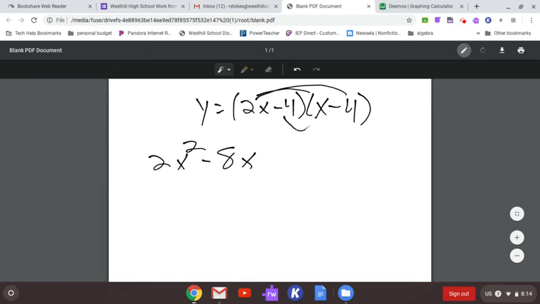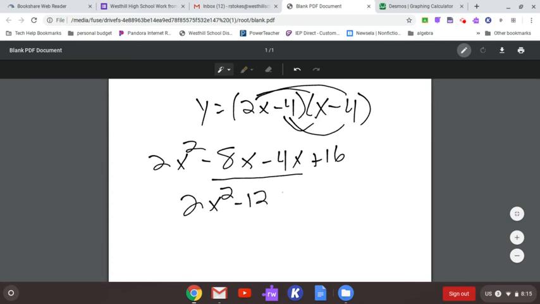Then when we do the second part, we get negative 4x, and then our plus 16. When we combine our like terms, we get 2x squared minus 12x plus 16. Now we know that would equal 0.